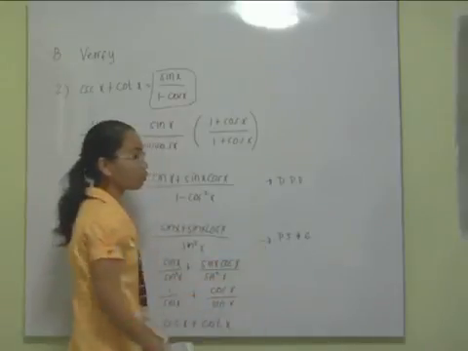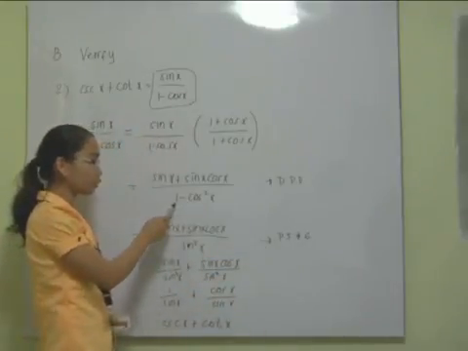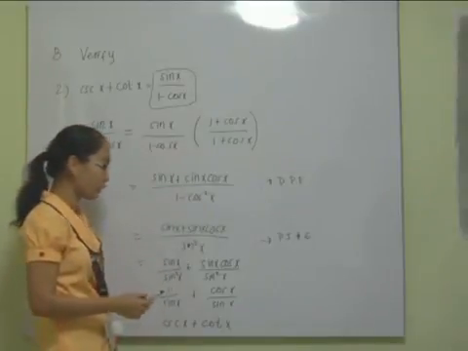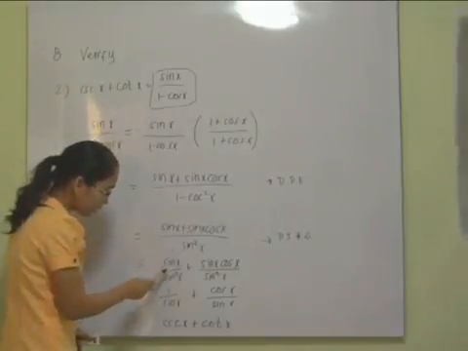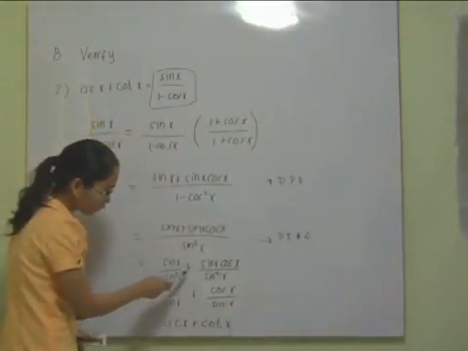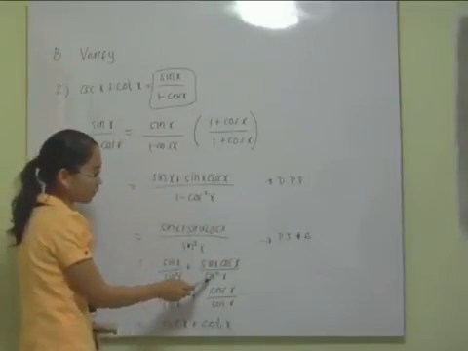By Pythagorean identity number 6, sine squared x is equal to 1 minus cosine squared x. Then we can separate the fraction: sine x over sine squared x plus sine x times cosine x over sine squared x.